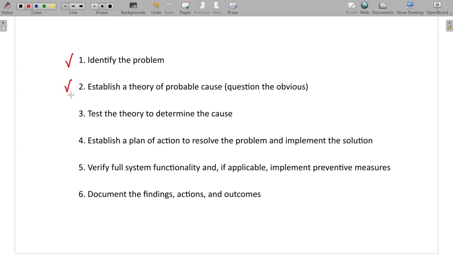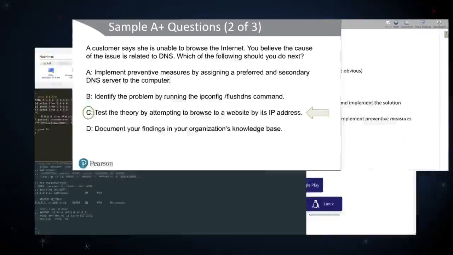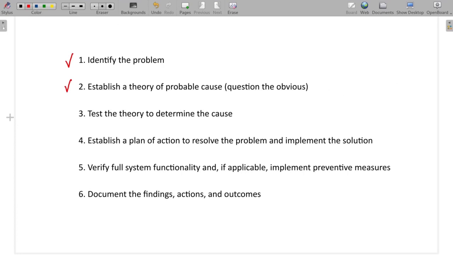Step 2, establish a theory of probable cause. And that is what we did in the question. We said, we believe the cause of the issue is related to DNS, probable cause. And if necessary, during this stage, you want to conduct external or internal research based on the symptoms.